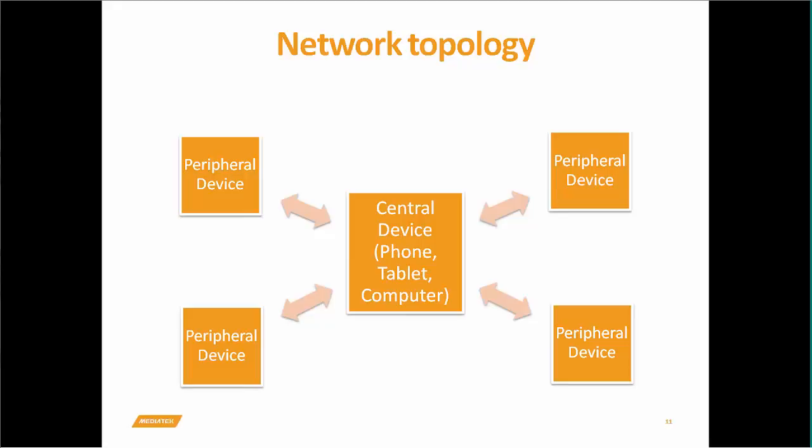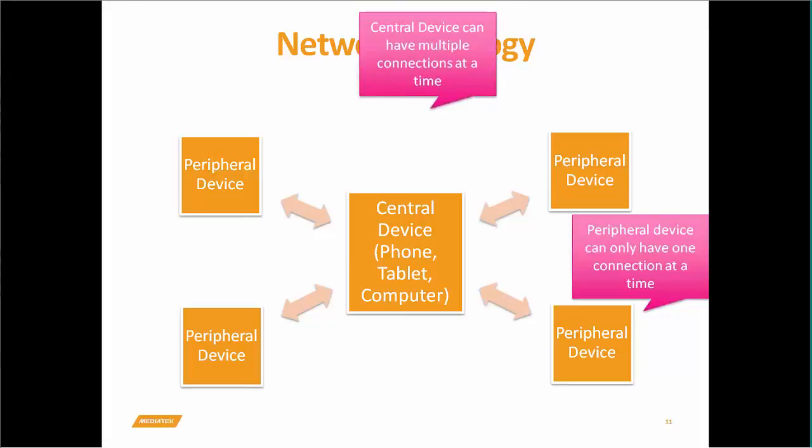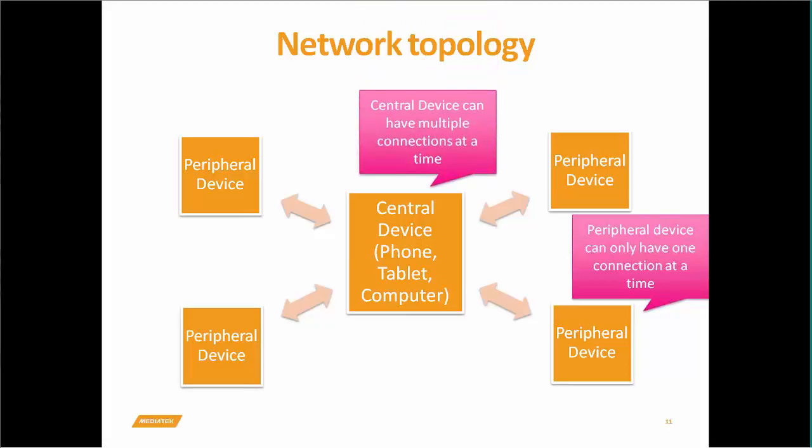The peripheral device can only have one connection at a time. So a peripheral device can only be connected to one central device at a time. And once it is connected, it won't be discoverable, so you won't be able to see it if you scan for Bluetooth Low Energy devices. The central device, on the other hand, can have multiple connections at a time. So it can be connected to multiple Bluetooth devices.